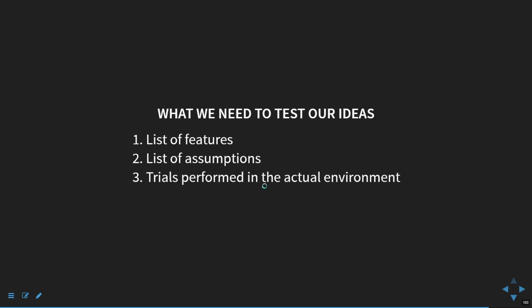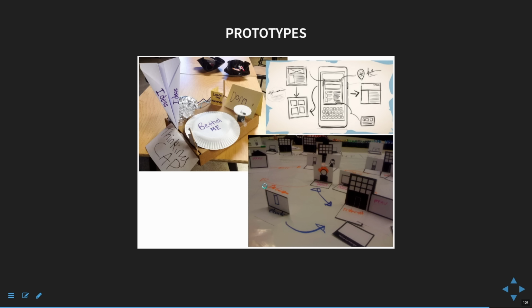The actual proof of the pudding is when you go to their environment and do your testing there. That gives you far richer insights compared to what you would get in your own test conditions. So these are some of the things that you need before you can set out to test. Next, what we need are prototypes.